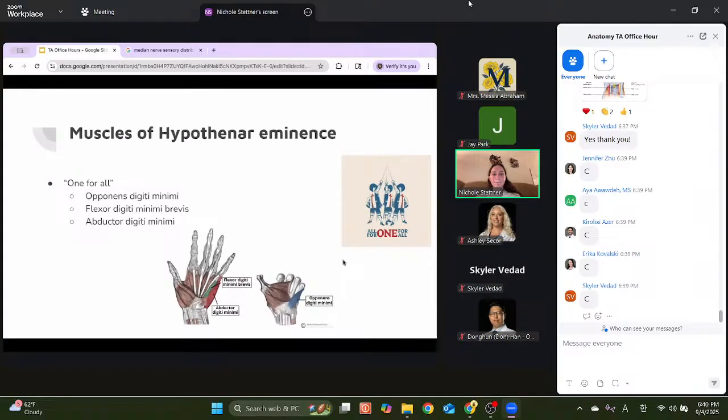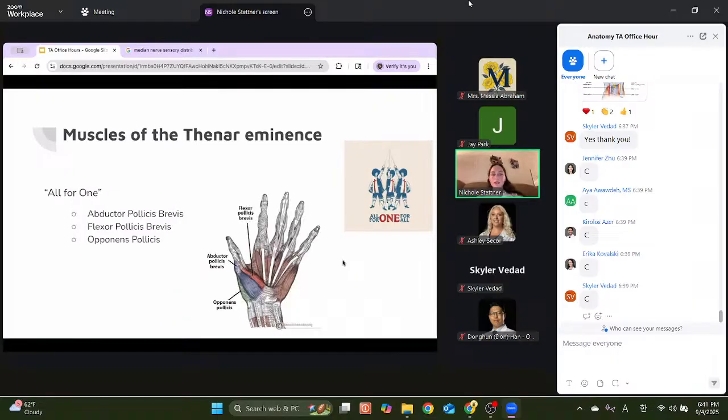So yeah. Now the hypothenar eminence is on the other side of your hand, on the pinky side. It has opponens digiti minimi, flexor digiti minimi brevis, and abductor digiti minimi. So very similar.